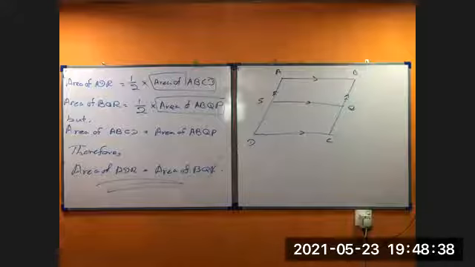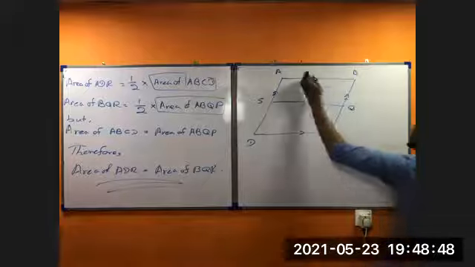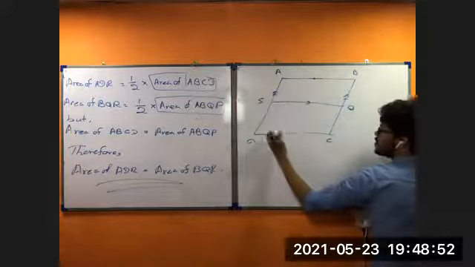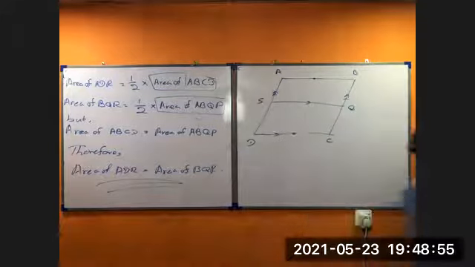Prove that the area of the quadrilateral PQRS. We have P right here, and Q over here. Oh, sorry, R over here.